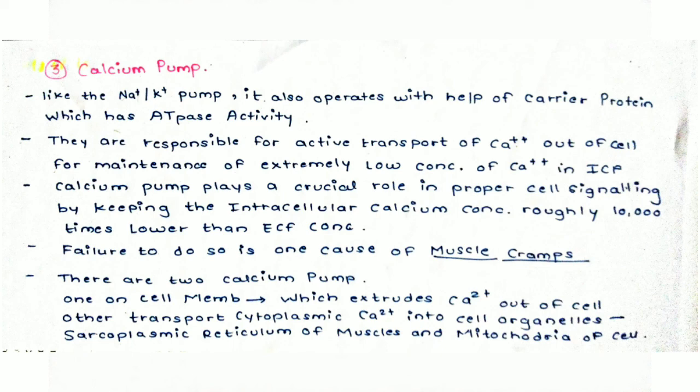And failure to do so is one of the major causes of muscle cramps. The calcium pump is not only present on the cell membrane, which excludes calcium out of the cell, but it is also present in some cell organelles such as the sarcoplasmic reticulum in the muscles and the mitochondria of all cells. These calcium pumps move calcium inside the cell organelles.